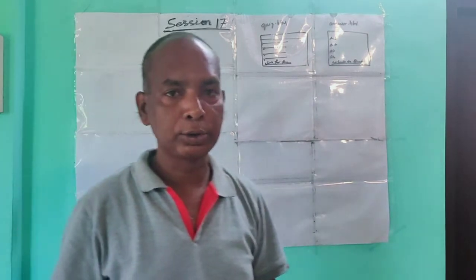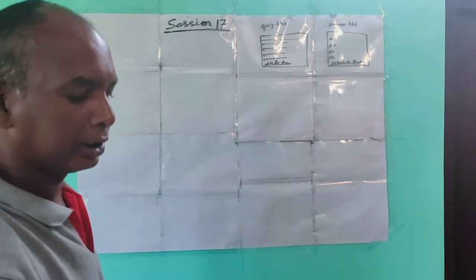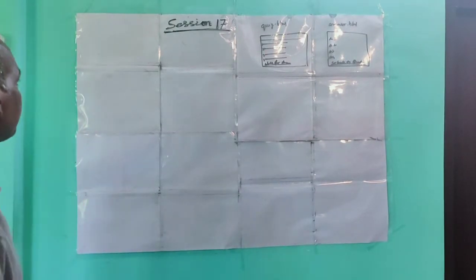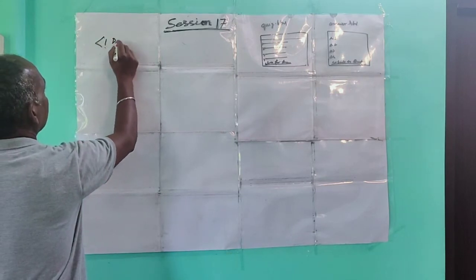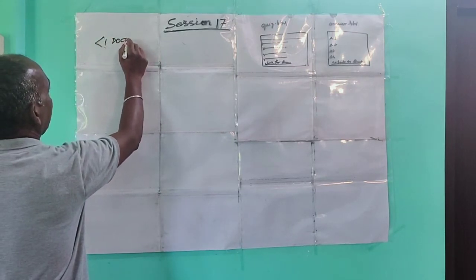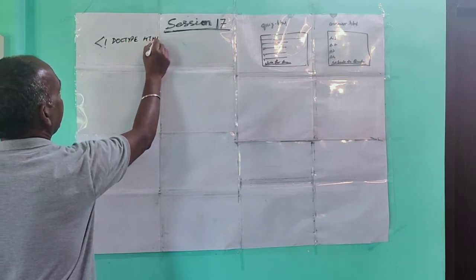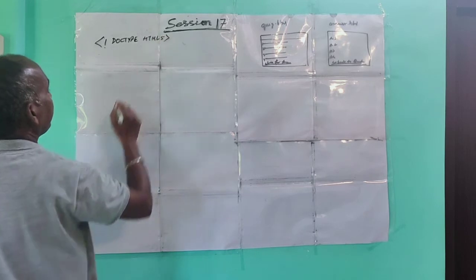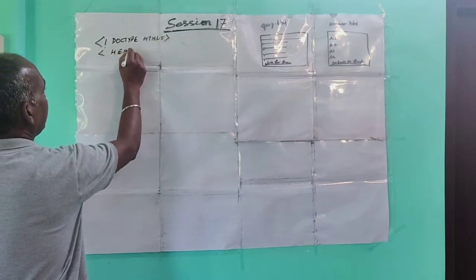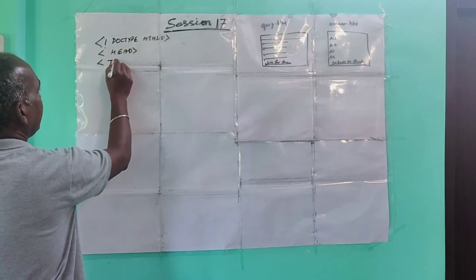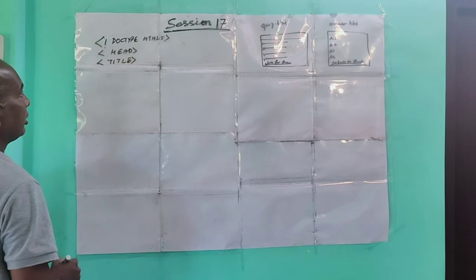So the first notepad is quiz.html. Okay. So we start with the doctype for the HTML file. After that, head, then title.